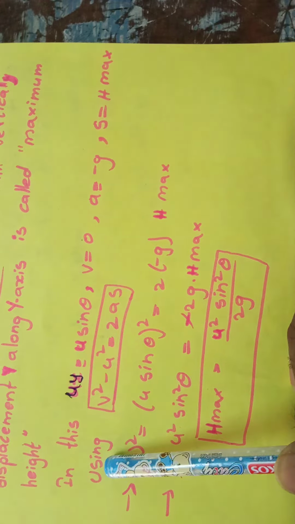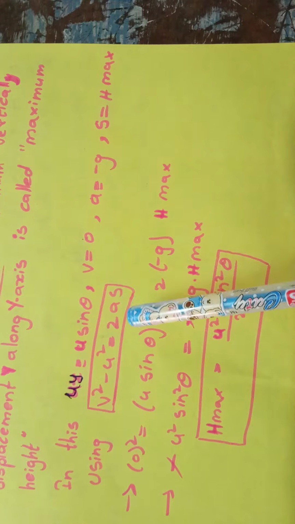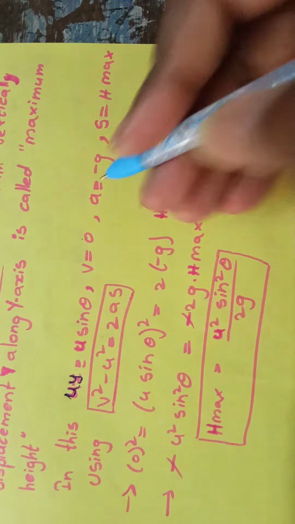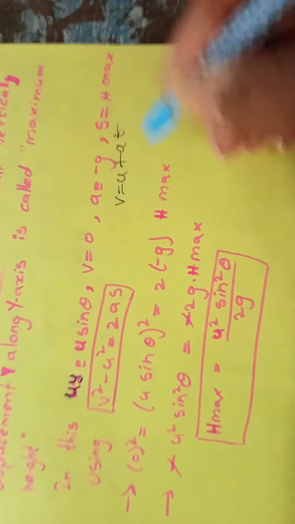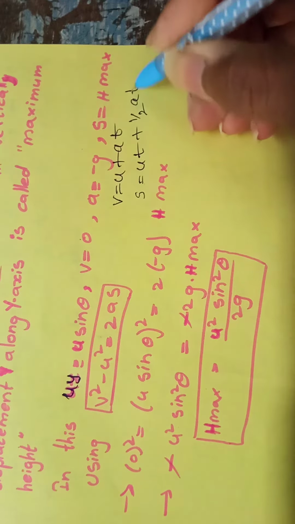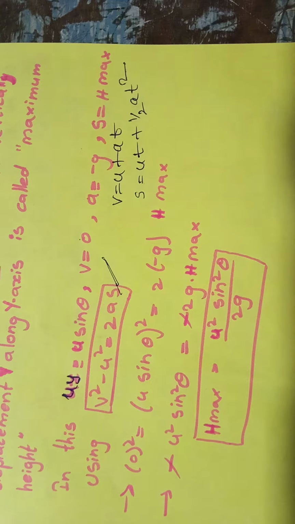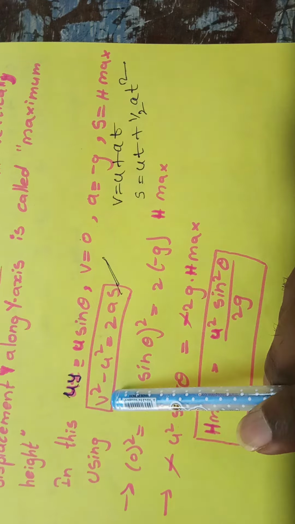Now using the third kinematic equation of motion: for uniform motion three equations are possible. First, v is equal to u plus at. Second, s is equal to ut plus half at square. Third, v square minus u square is equal to 2as.